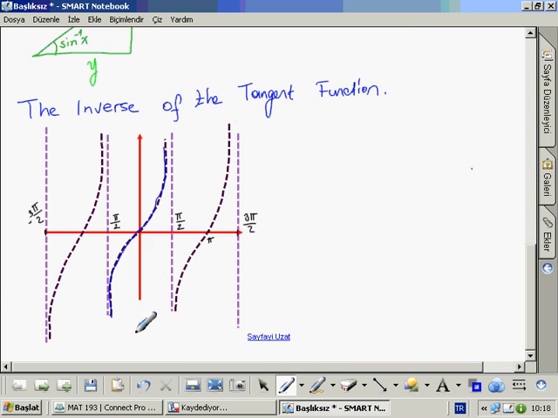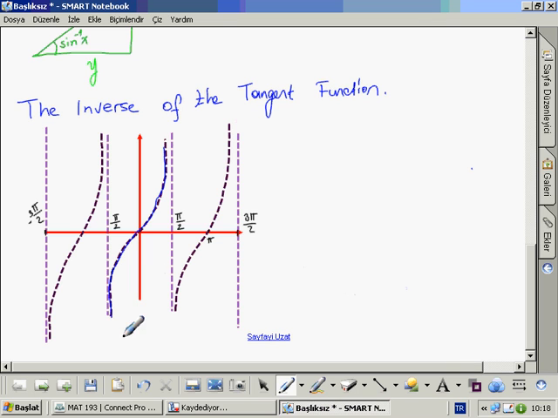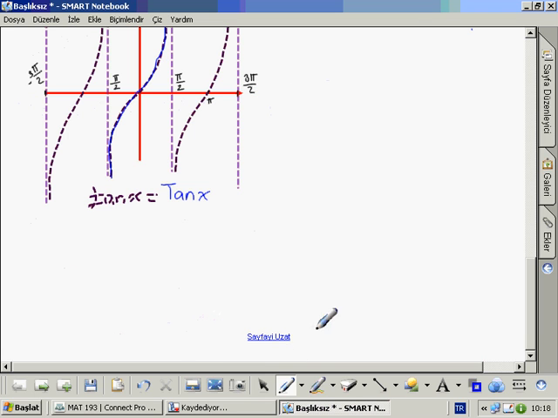All of them are tangent functions, and the blue one is the restricted tangent x function.